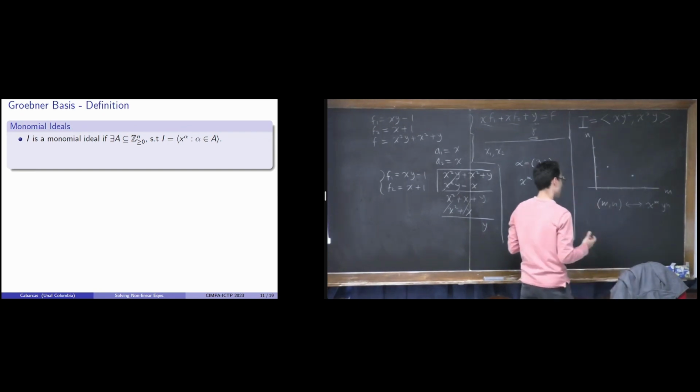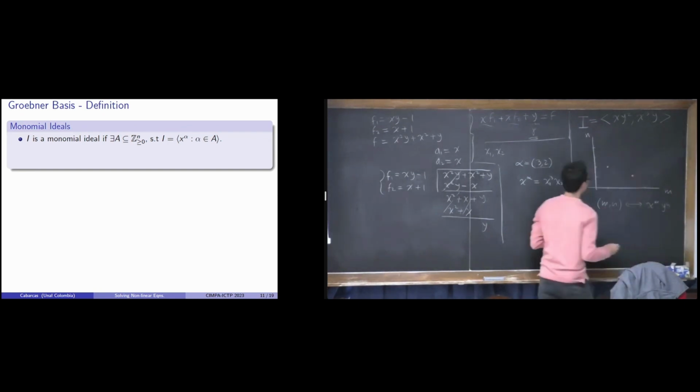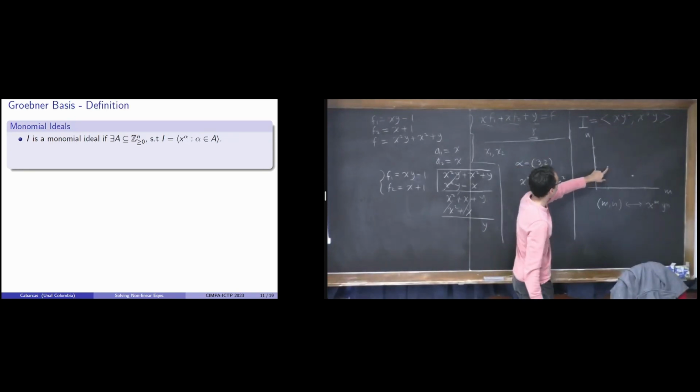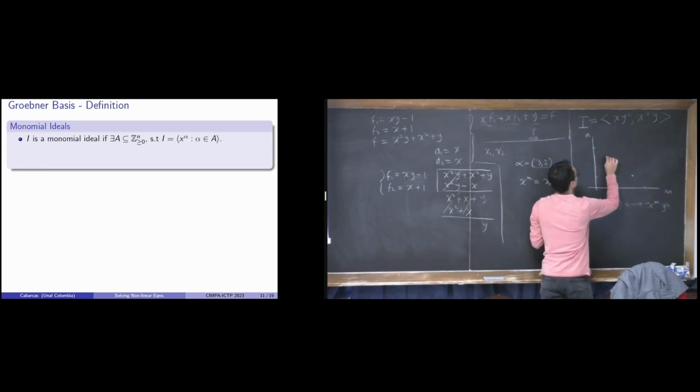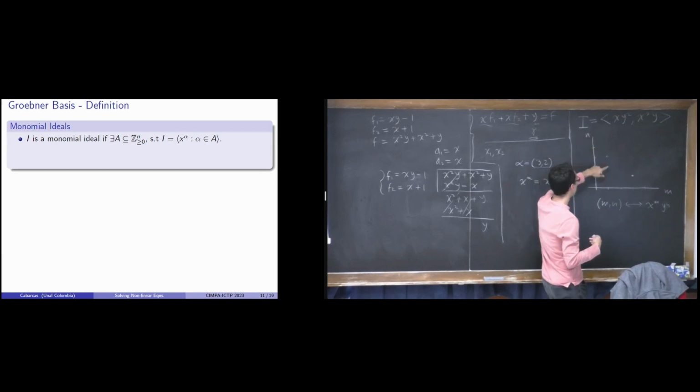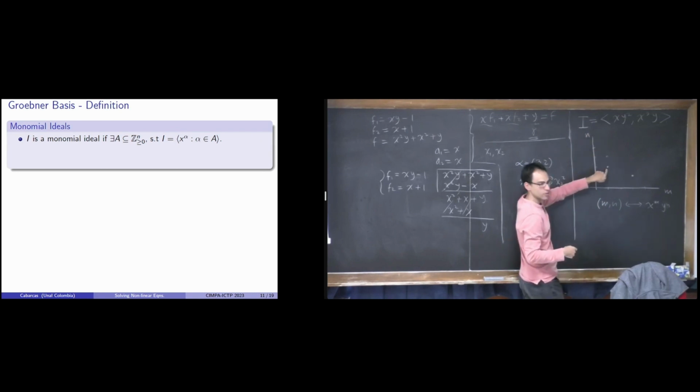And so it's not hard to see that as multiples of x y squared, we can get anything to the right and above 1, 2.